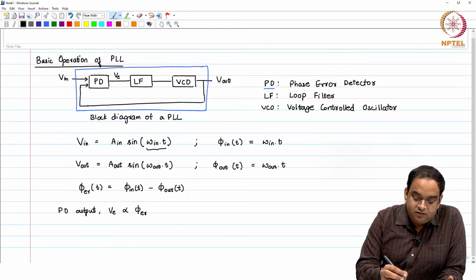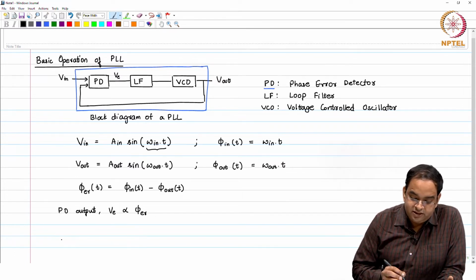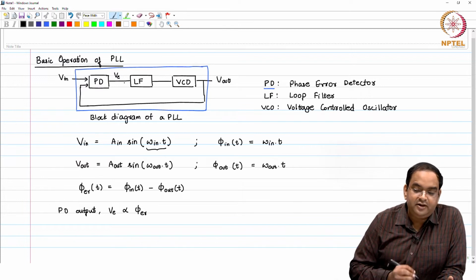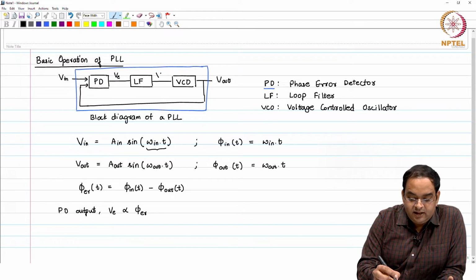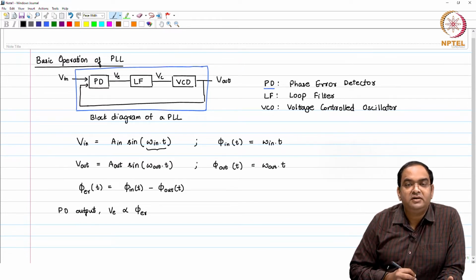Now, this error voltage is filtered using a loop filter, and it gives you a control voltage V c.